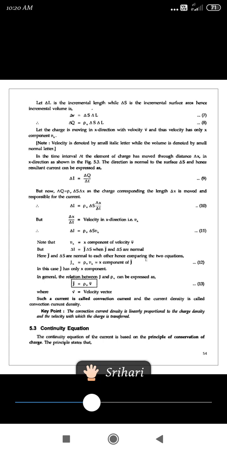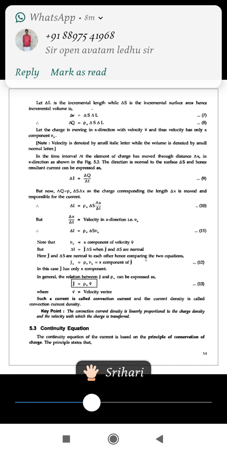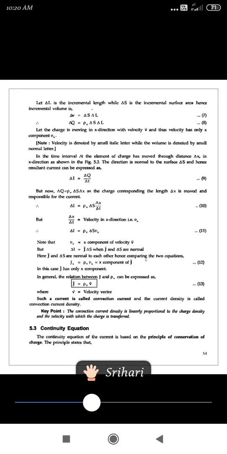The motion is in the x direction, as shown in figure 5.3. The direction is normal to the surface del S, and the resultant current can be expressed as del I equal to dq by dt.